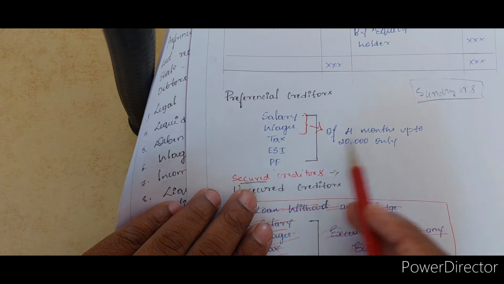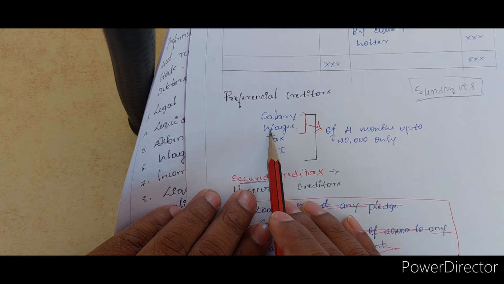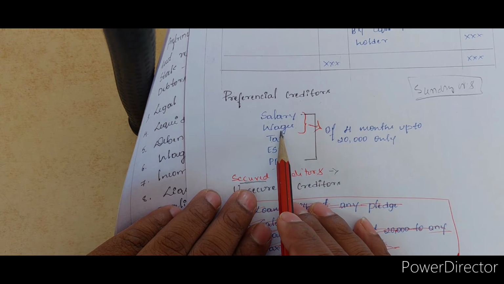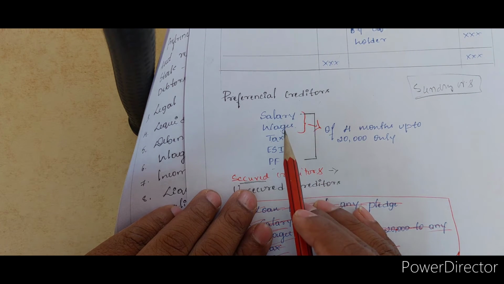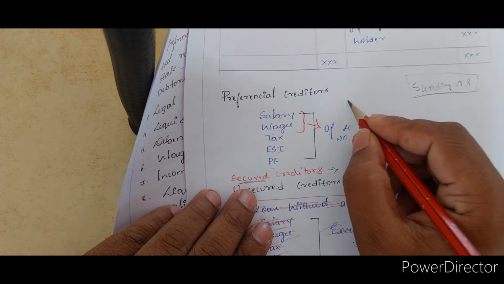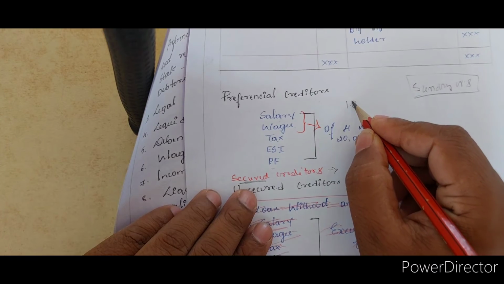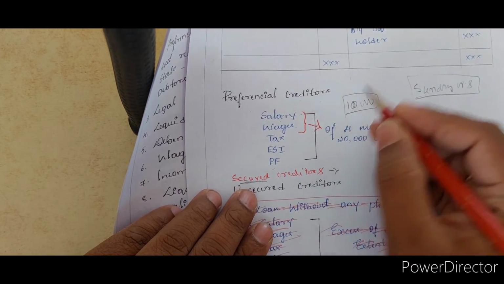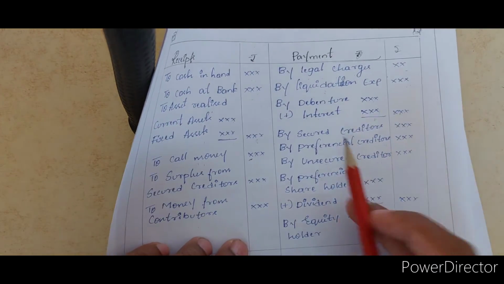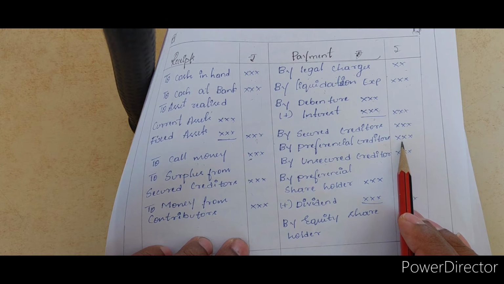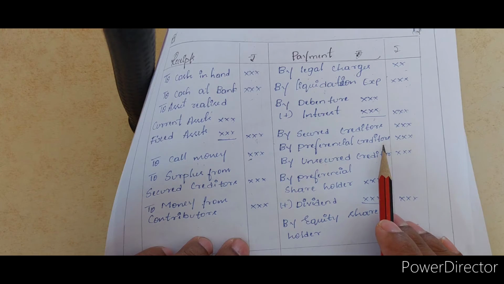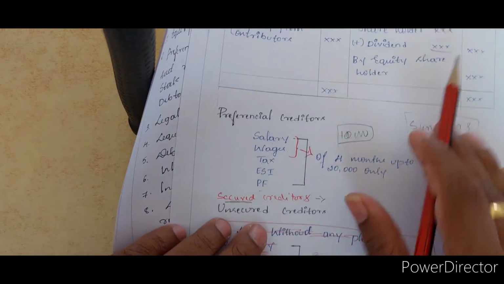Here, among preferential creditors, are salary and wages, which are very important things to keep in mind. For example, if 10,000 rupees is given as salary, you can take 10,000. If the salary is 20,000, you can take 20,000. If it is 30,000, you should take only 20,000 rupees, because there is a limit.